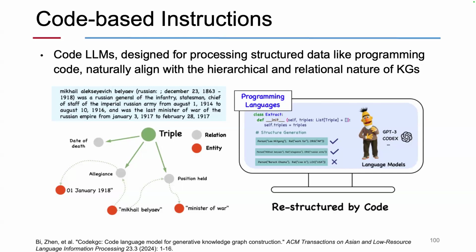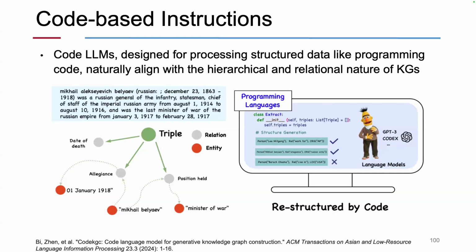So one of the ideas here is this is a piece of text, and the text is less structured, with fewer constraints. It's more of a freestyle, right? And there is a corresponding knowledge graph constructed from this piece of text. And actually, if you write about the triplets, the knowledge in the graph, you can write it in a more code style where you can define a triplet as a type of object, right?